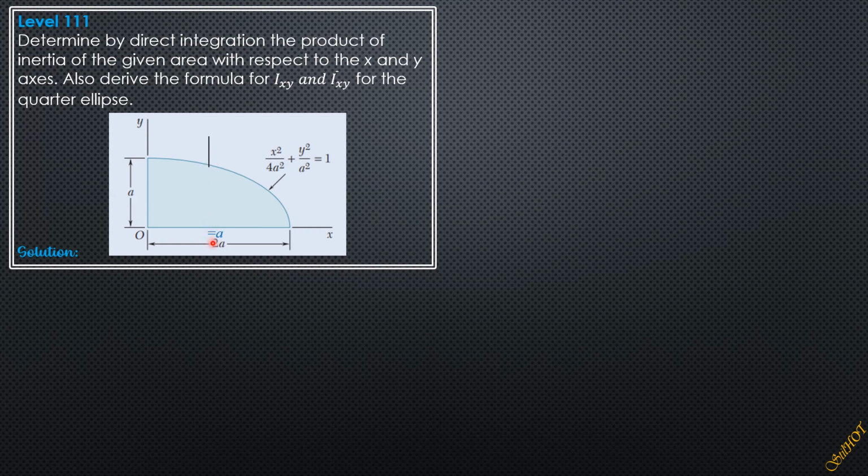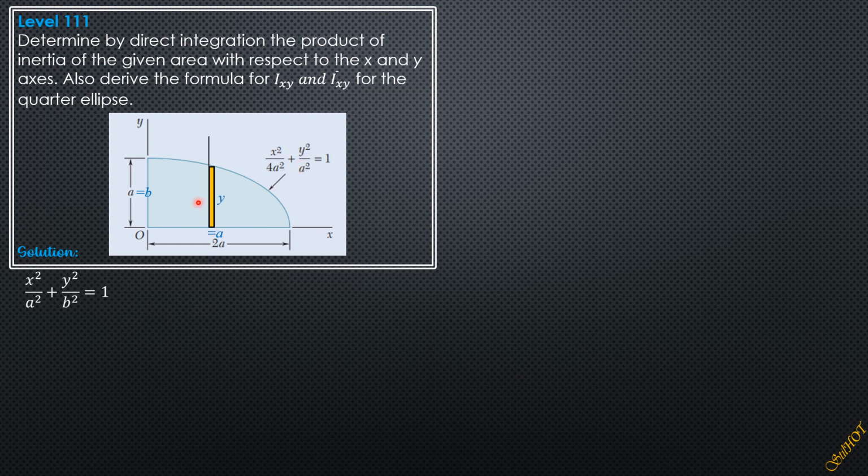If this is treated as an ellipse, the semi-major axis is denoted by a, and the semi-minor axis is denoted by b. So a is 2a actually, and b is a actually in this problem. This is the equation of the ellipse: x squared over a squared plus y squared over b squared equals 1. Again, a is 2a here, and b is a.